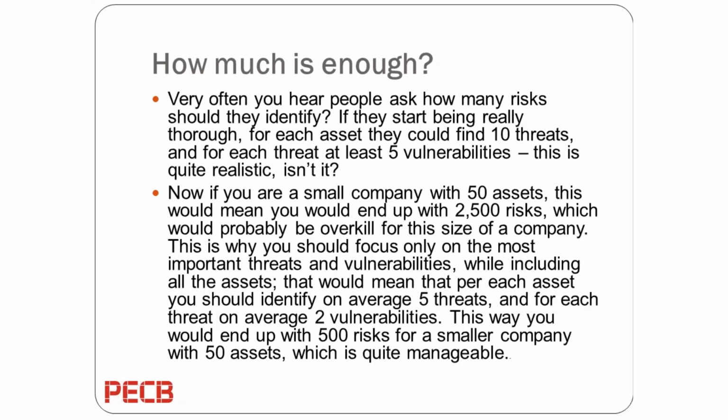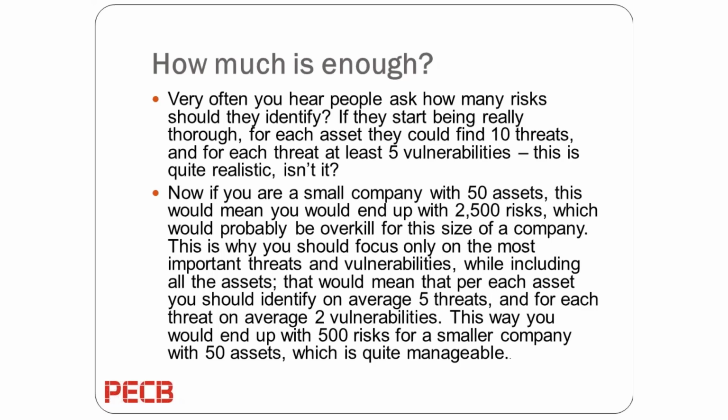Now, if you are a small organization with 50 assets, this will mean you will end up with 2,500 risks, which will probably be overkill for the size of a small company. This is why you should focus only on the most important threats and vulnerabilities, while including all assets.